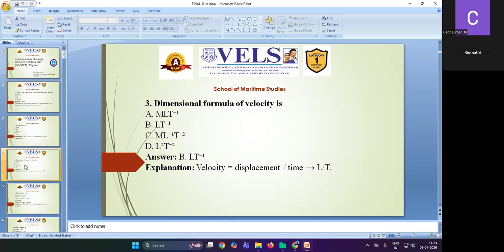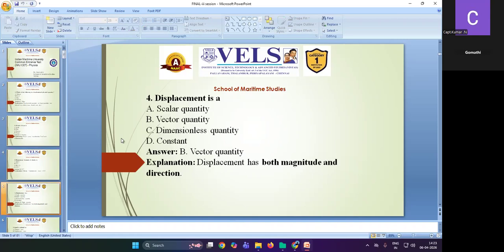Displacement is a distance, which we measure in length, so L by time t. The dimensional formula of velocity is L by t, otherwise we can write L t power minus 1. The answer is option B, L t minus 1.